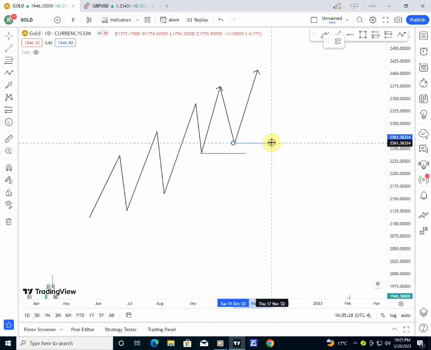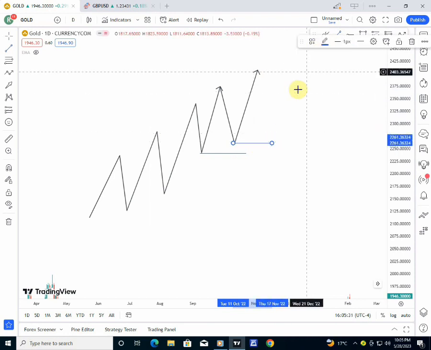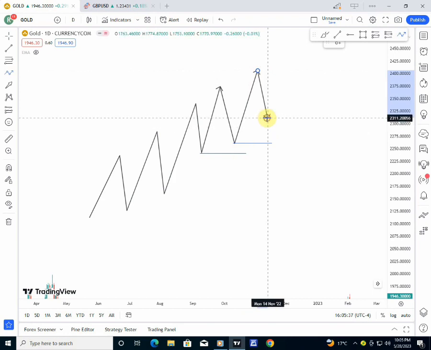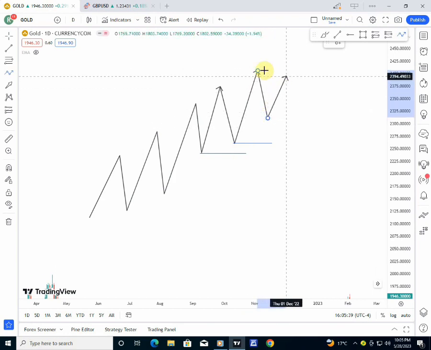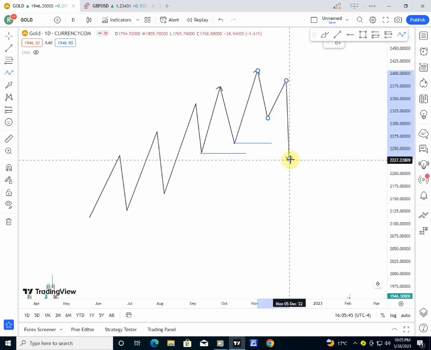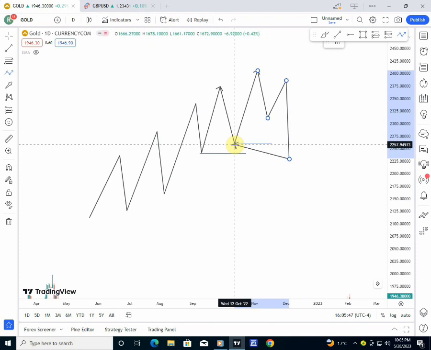So we wait for the market to break below that. We don't want to see a market making a new high. We want to see a market doing anything like that, and then a candlestick closing below these lows here, and then we're going to look for an entry.